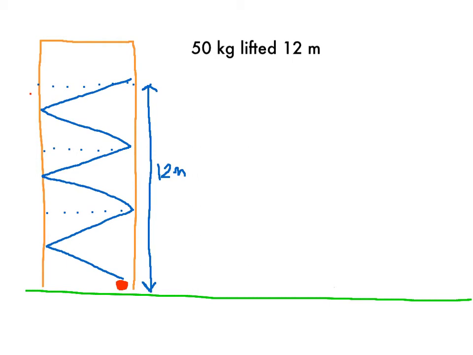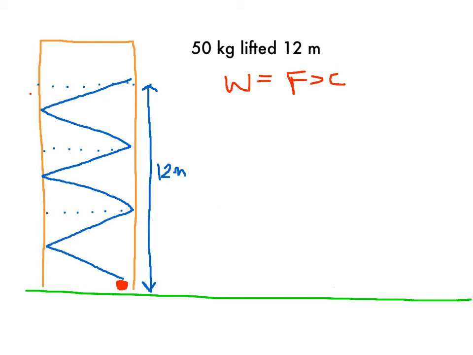Well, we can estimate that by a number of different means. We know that work equals force times displacement. And so, again, remembering that the displacement is in the direction of the force, of course the gravitational force acts vertically downwards, and so the displacement we need to consider is the vertical displacement. So even though I'm walking backwards and forwards up these flights of stairs, it's this vertical distance that we need to consider.